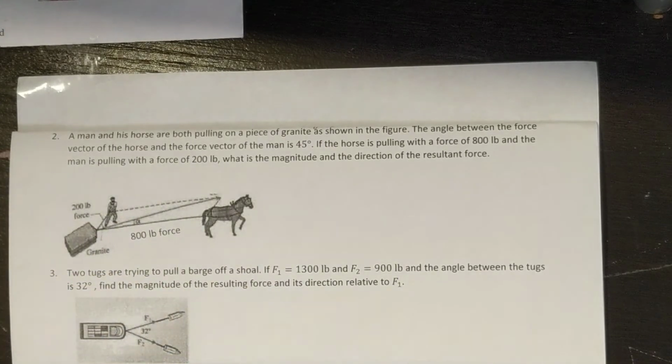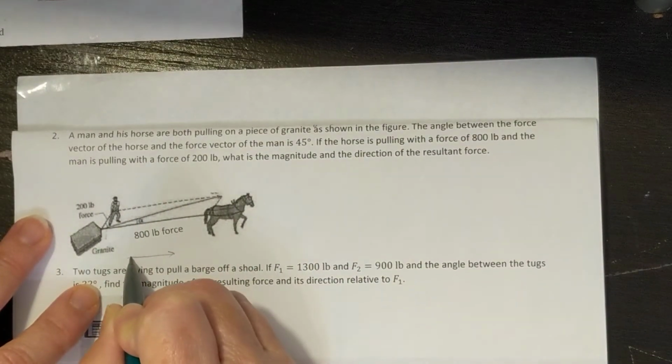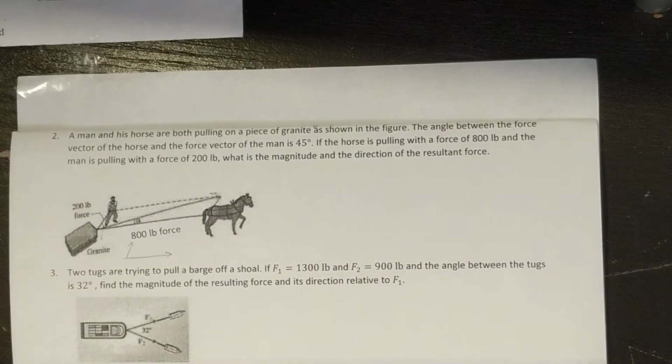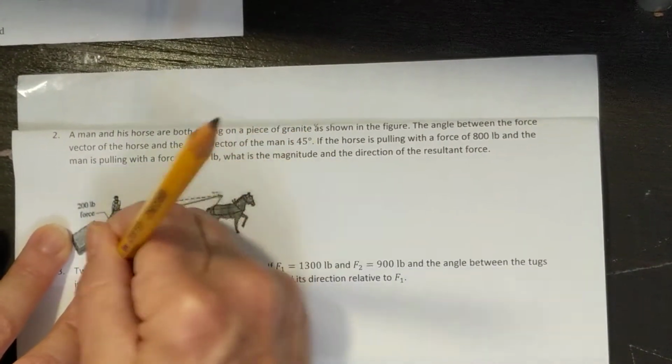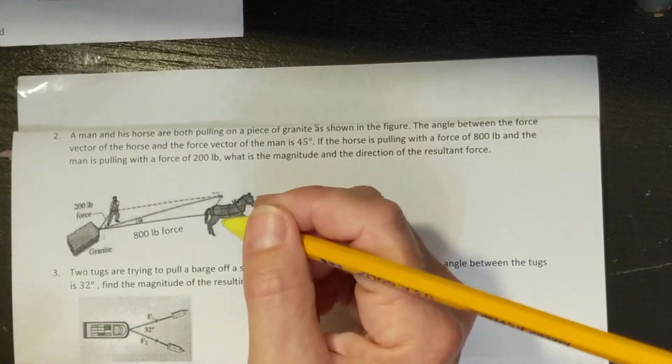In this example, we have two forces, the horse and the man. Vectors are in space, and we can orient them however we'd like. I'm going to handle this one a little differently.